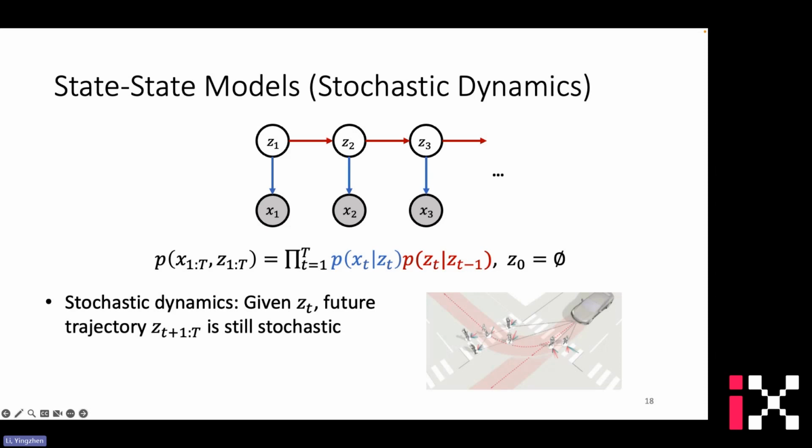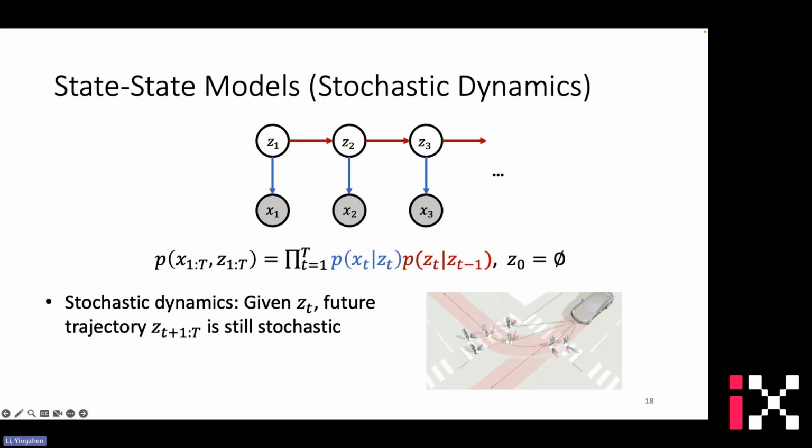Given the position of the car here, clearly you have two choices. It is not fully determined that you're going to go straight or turn. There are actually a lot of choices.